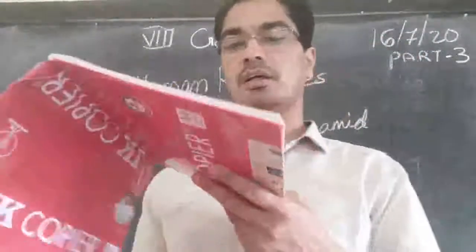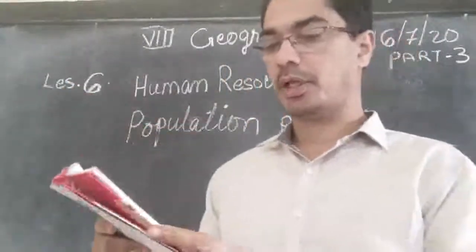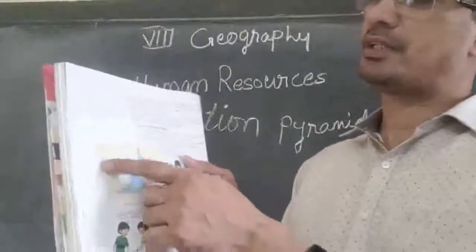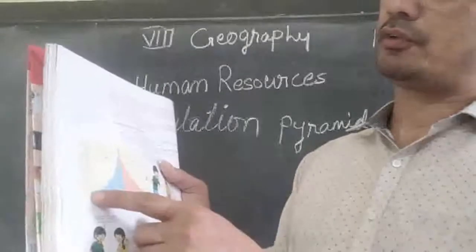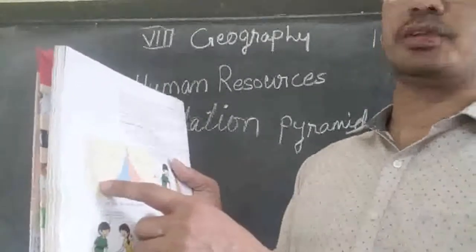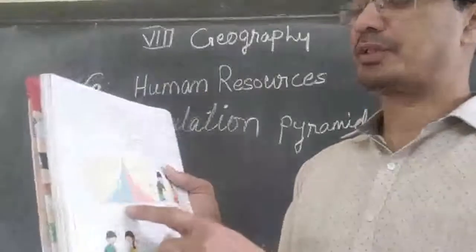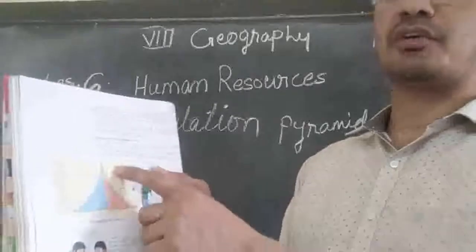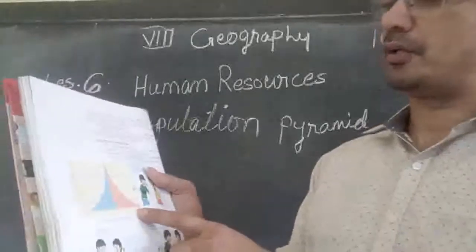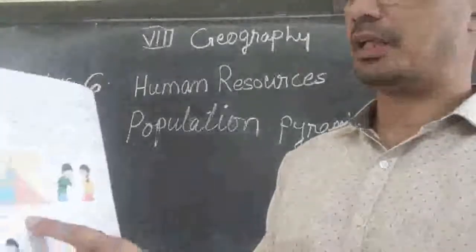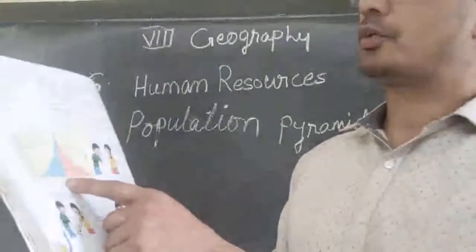We can see the age group is mentioned there: 0 to 4, 5 to 9, 10 to 14, 15 to 19, like that. This side will show how many males there are, and this side how many females. The percentages are mentioned below.